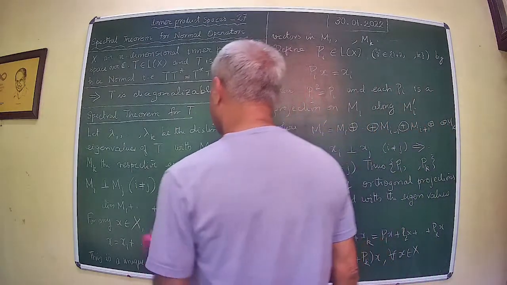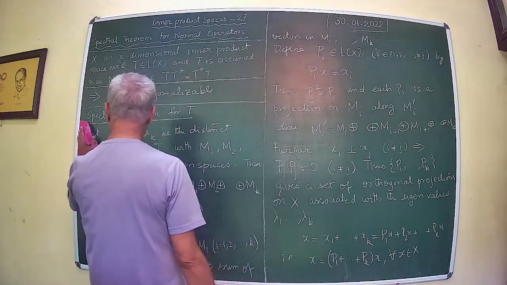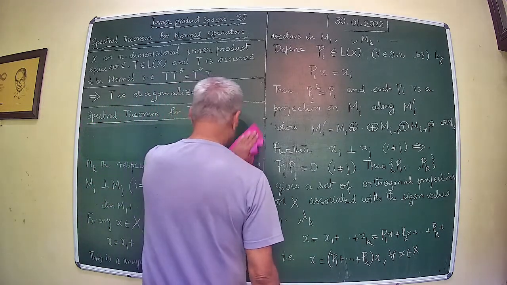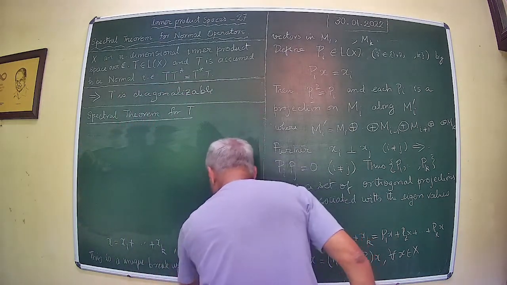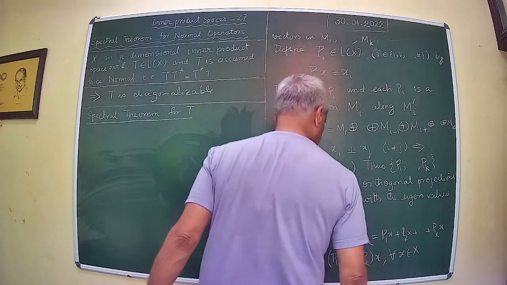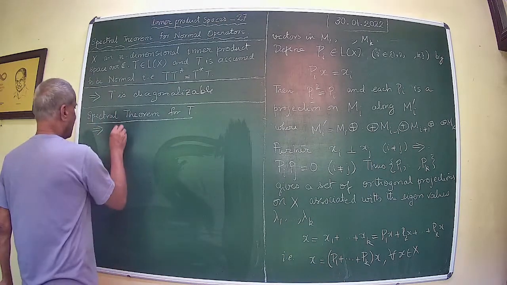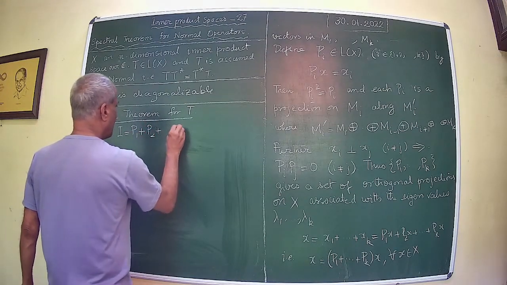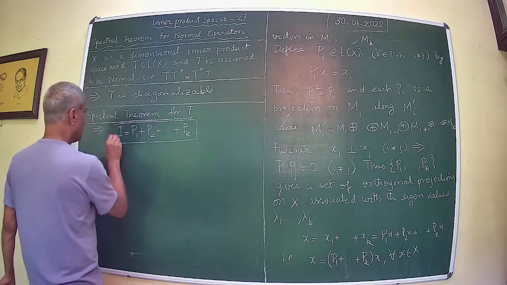What does this mean? This implies I equals the sum of the Pi. It is one result.